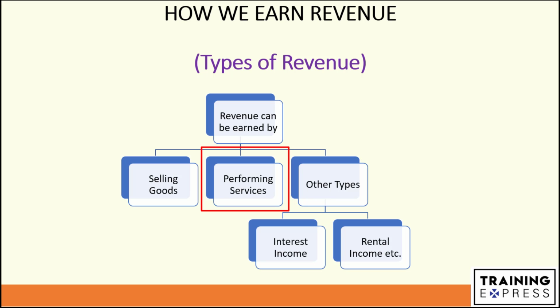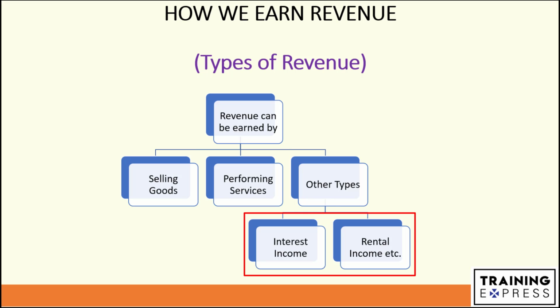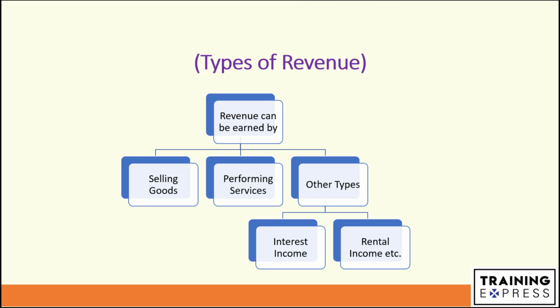If we have performed services, we have earned revenue. Another type might be interest income or rental income. There are other types of revenue as well, but here we are focusing only on the general types of revenue.